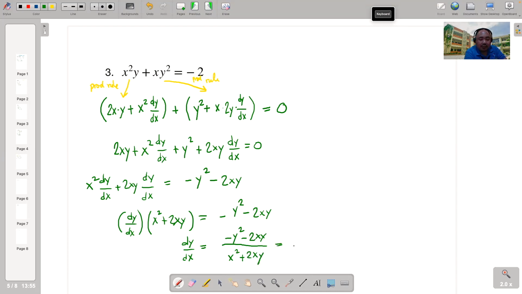Or this is negative of y squared plus 2xy all over x squared plus 2xy. So I hope you don't have any more questions.